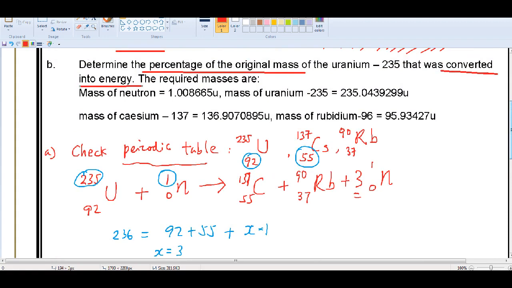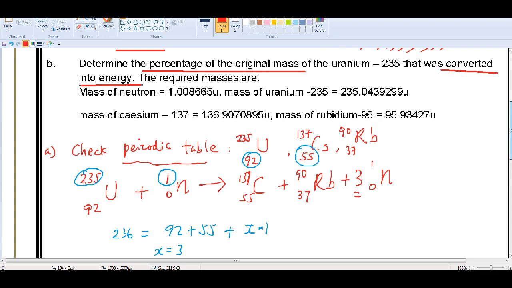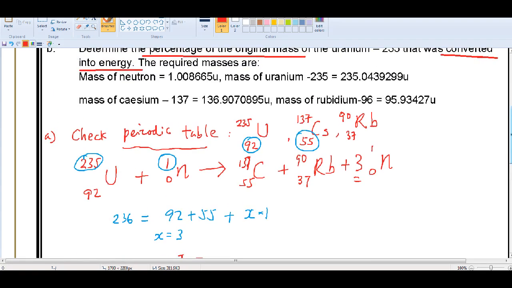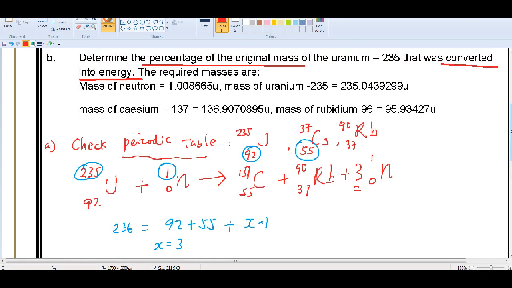For mass defect, remember the total mass of reactants should always be greater than the mass of products. So let's calculate the mass of reactants, which is mass of uranium plus mass of neutron.